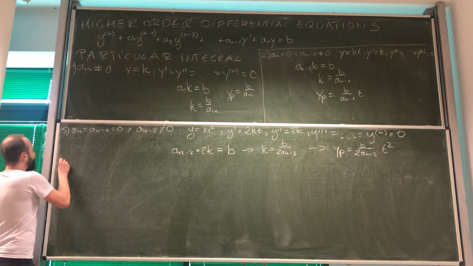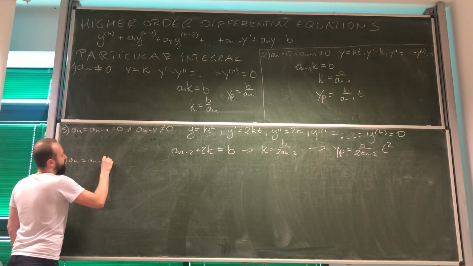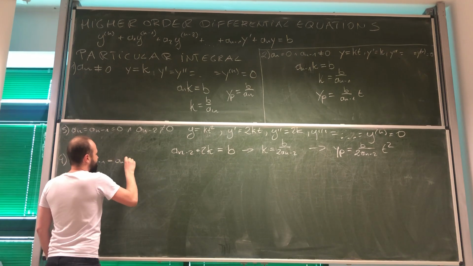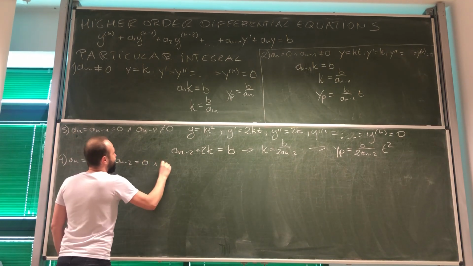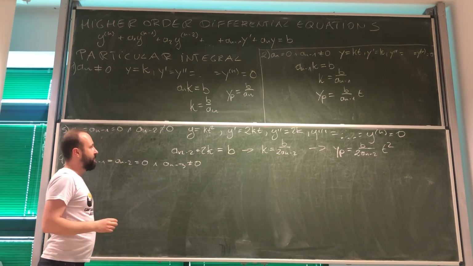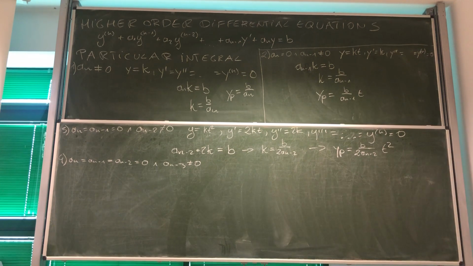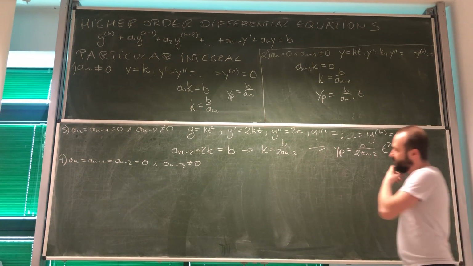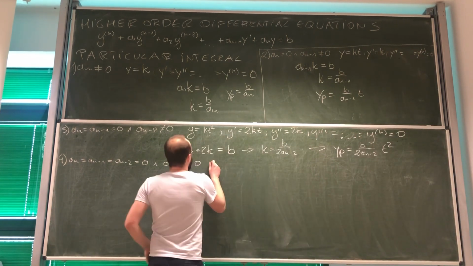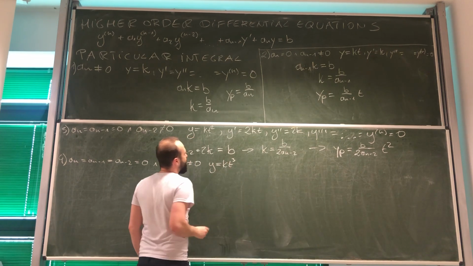Now, if we move further, so that a_n equals a_(n-1) equals a_(n-2) equals 0, and a_(n-3) is different than 0, we know that this solution is no longer going to work. So we need to try something even more complicated: kt to the power of 3.